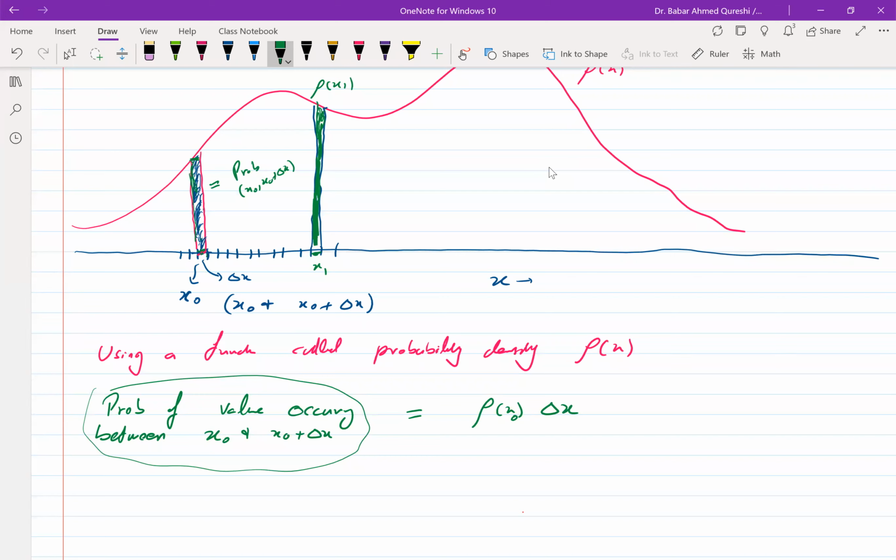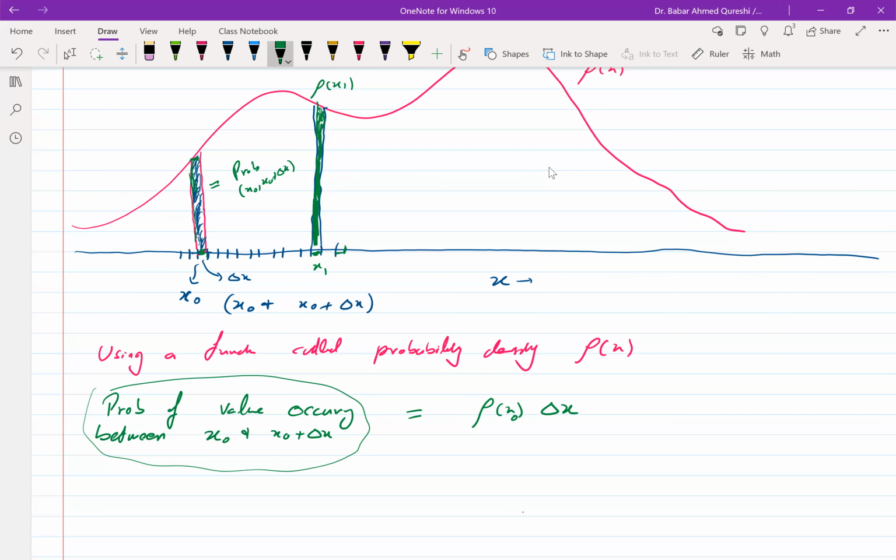So what do you mean by the bin size? Bin size is this small length which you have chosen. Bin is like your acceptance, because you are not counting probabilities for specific numbers; you are counting the probability of a range of numbers. The bin size is the size of this range.